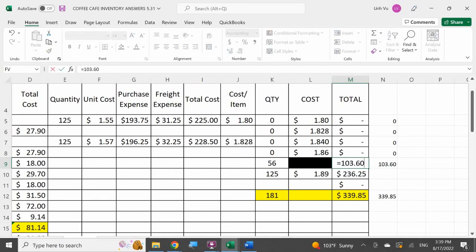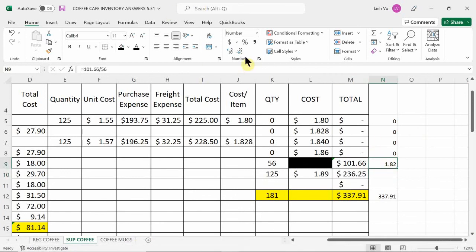You're right. Minus the $1.94, which will give you 101.66, right? Right. Here, I can go ahead and figure out 101.66 divided by the 56 items that you have available, how much that's going to cost me per item. In this case, it's 1.83571. That's what I can do. Okay? That way I don't mess up any of my work that I've already done.